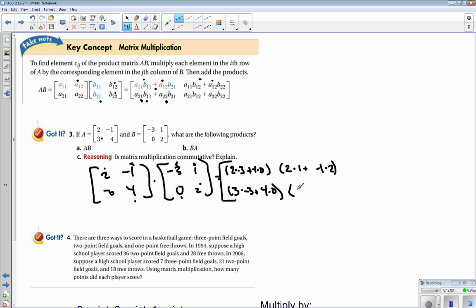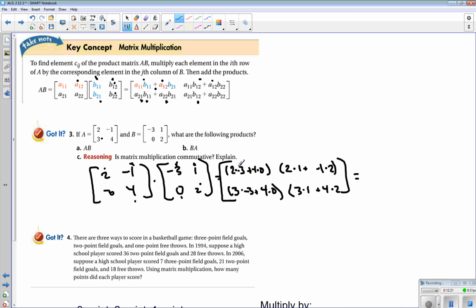So then I'm going to have the 3 and the 4 again, but instead of the ones in this row, I'm going to have the ones in this row. So I'm going to go 1 and 2, times 1 times 2.